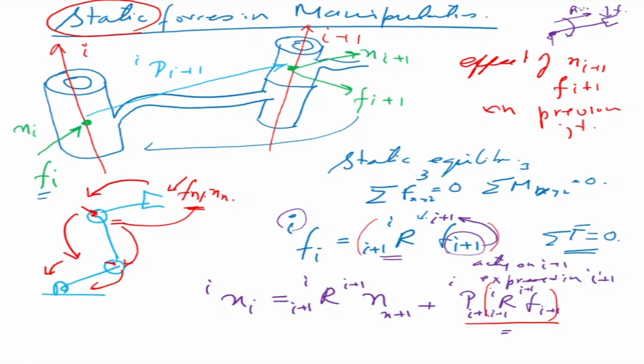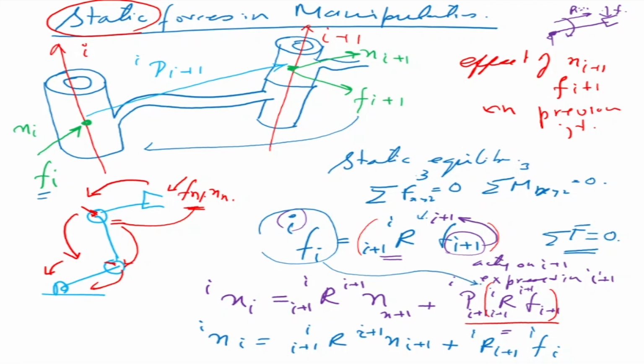So I'm able to write this term as R_{i+1}^i n_{i+1}^{i+1} plus p_{i+1}^i times f_i^i. I'm using this equation and putting it here. So we have two equations which are used successively.